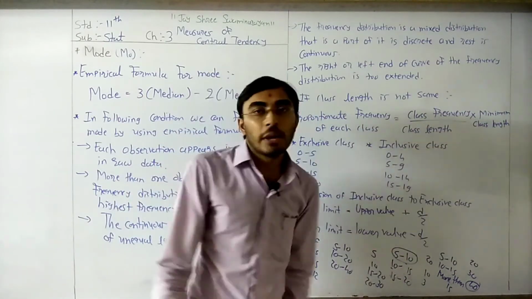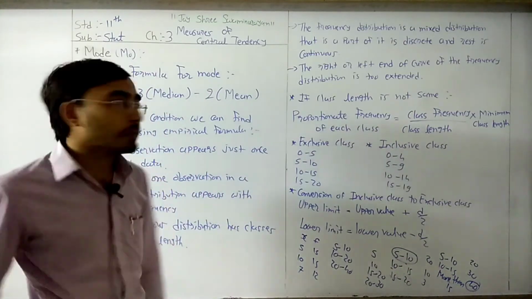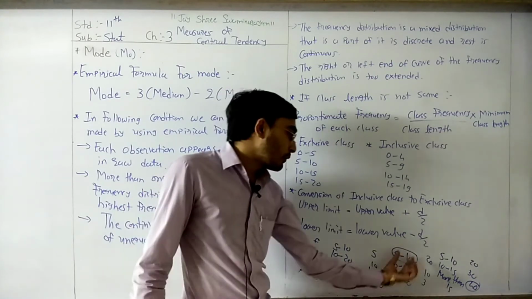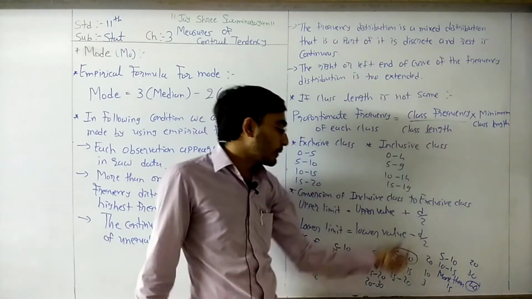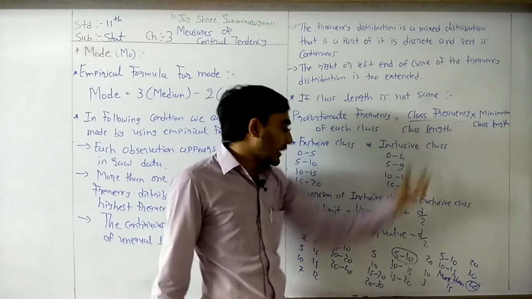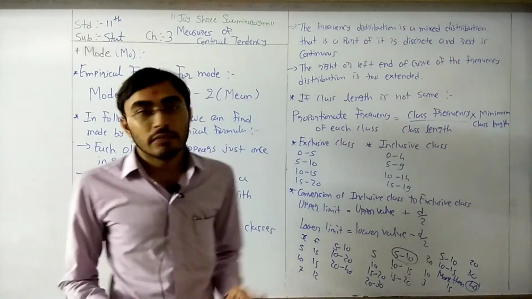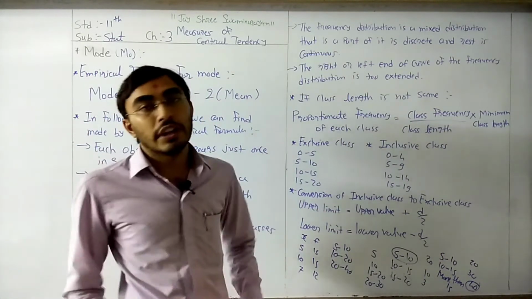This formula we need to apply in all the classes. Now let's suppose you change the frequency for 5 to 10. For 5 to 10 you need to use this formula: class frequency is 20, class length is 5, and the minimum class length you need to find from your data.